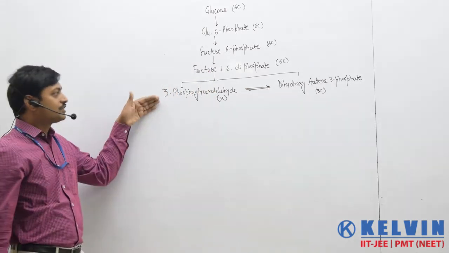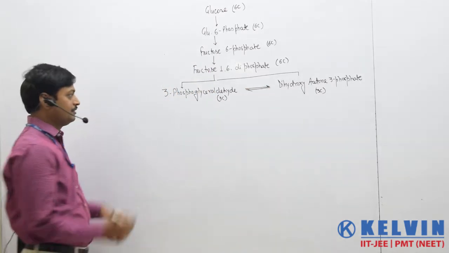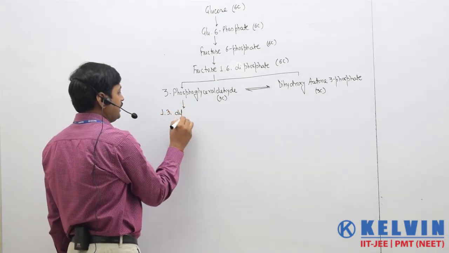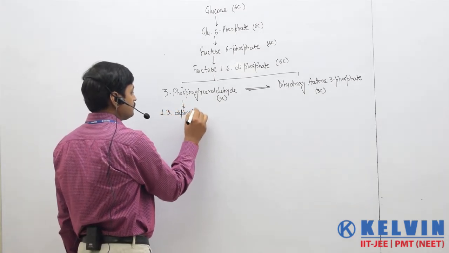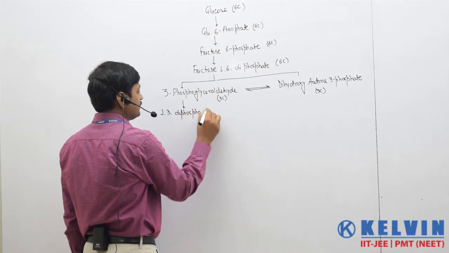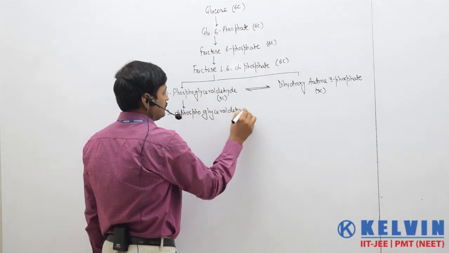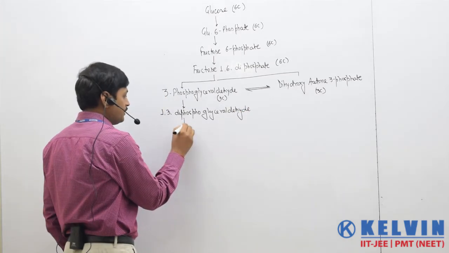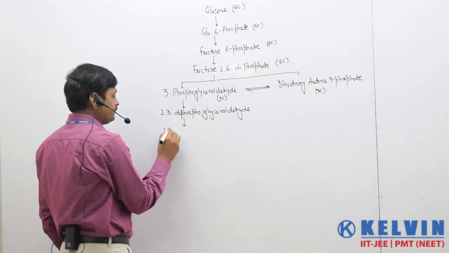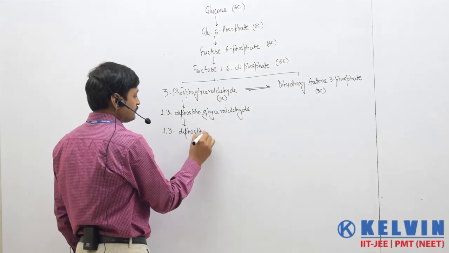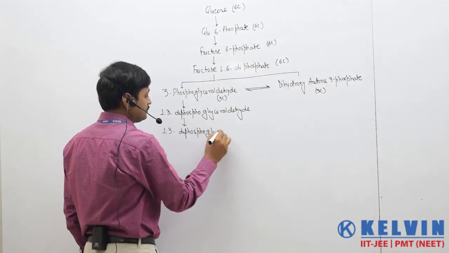So from 3-phosphoglyceraldehyde, we have 1,3-diphosphoglyceraldehyde. It's an unstable compound, will finally change into 1,3-diphosphoglyceric acid.